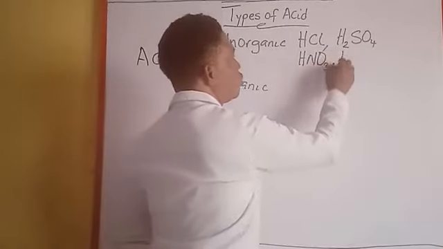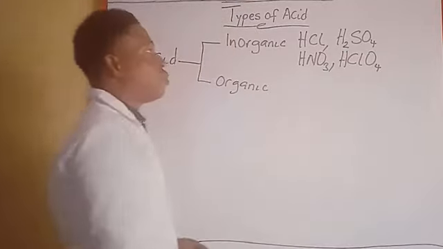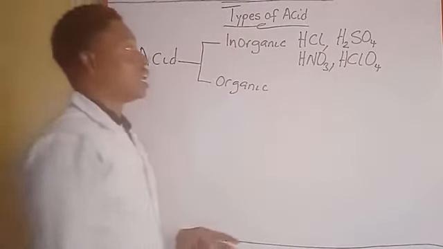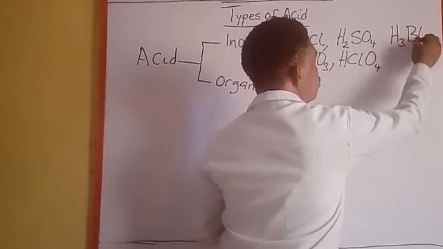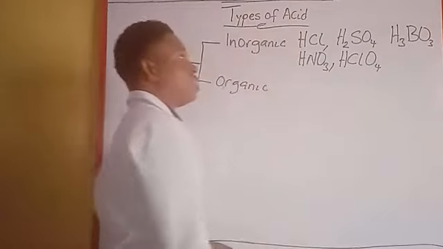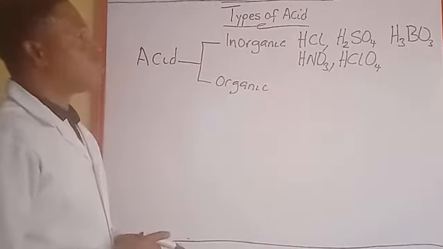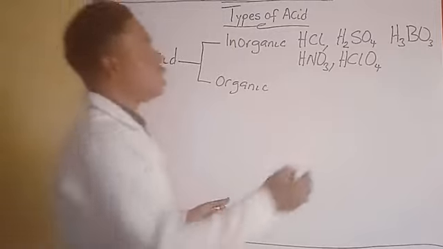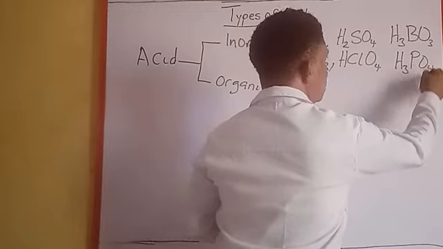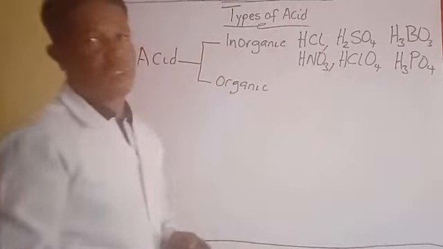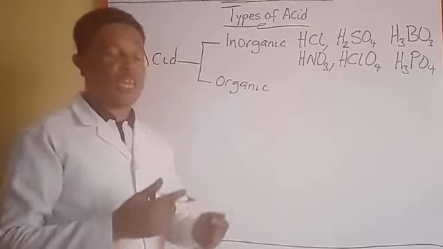Perchloric acid, with the formula HClO4, is an example of what? Inorganic acid. Even boric acid, H3BO3, is an example of inorganic acid. Not only that, we have a handful of them. Even phosphoric acid. I can go on and on. All these are mineral acids. These are man-made acids. They can be prepared in the laboratory.